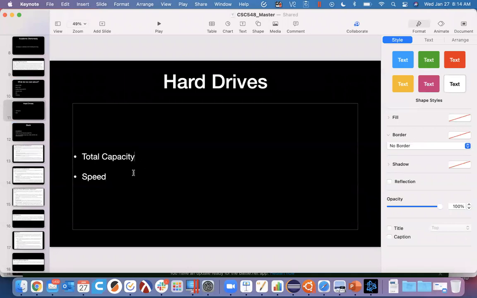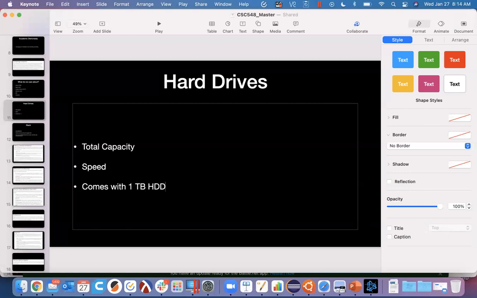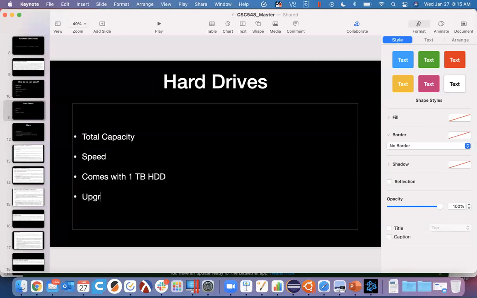Now, sometimes these two things are at odds. If you've ever seen this when you were shopping for a laptop or whatever, and it's probably less common today because we're starting to move away from that technology, you maybe have seen a computer that comes with a 1 terabyte hard drive, or you can upgrade to a 500 gigabyte solid state drive.